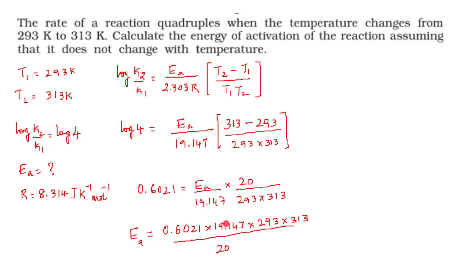The 20 goes to the denominator. See how much value you will get: 0.6021 multiplied by 19.147 multiplied by 293 multiplied by 313 divided by 20.